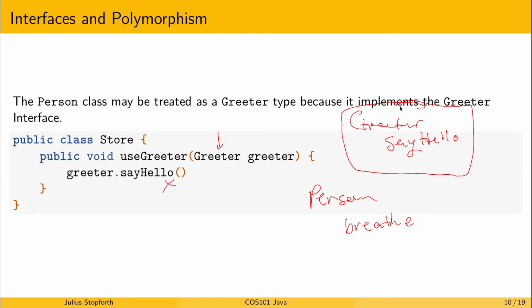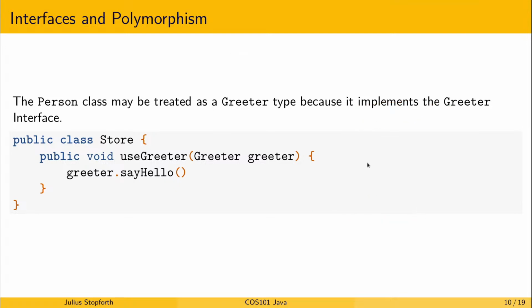So when we do polymorphism, we put a filter on top of the objects so that the only things that are accessible are the things that are part of that type. Does that make sense to everyone? If we have a person class, they might have multiple methods and attributes, but say only the say hello method is part of the greeter.